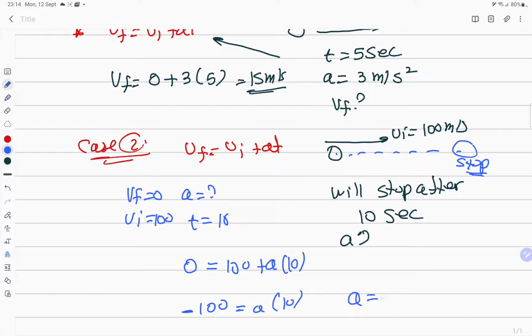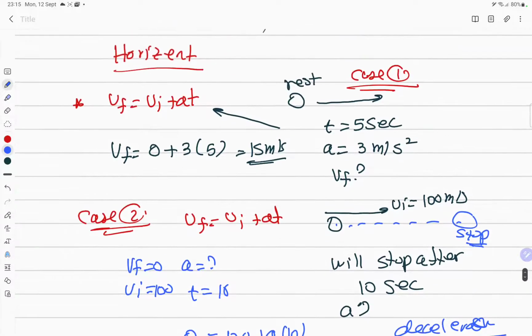So acceleration is equal negative 100 over 10, that's equal negative 10 meter per second square. In this case, it's negative. معناته yes, since the body will stop معناته صار اسمها ايش؟ deceleration, decelerate. Okay, fine. This is using equation 1, which is which part يا أستاذ?